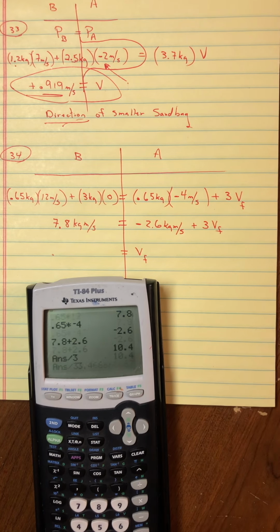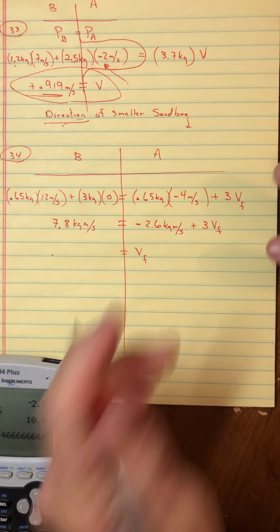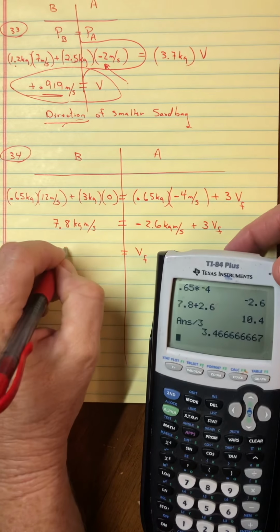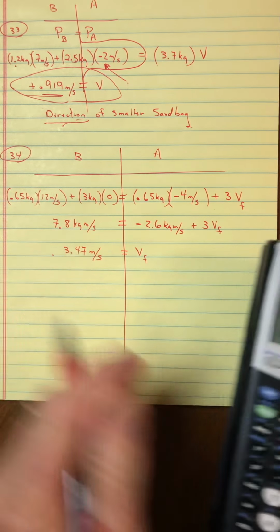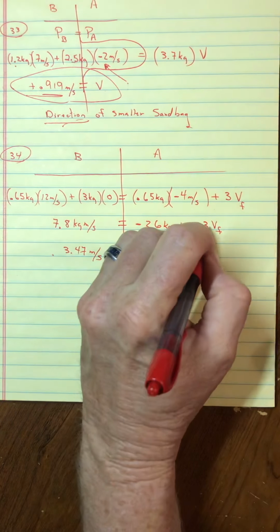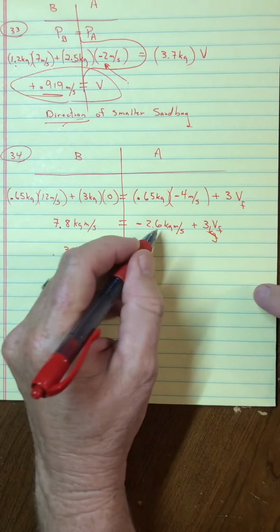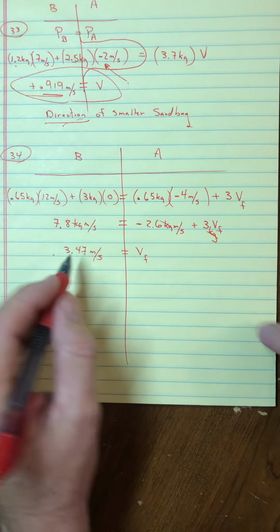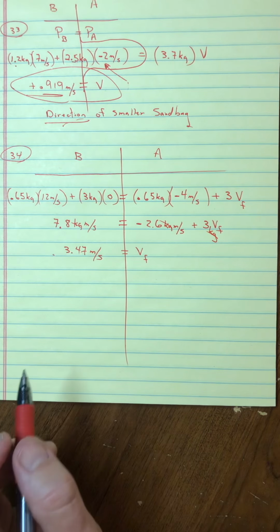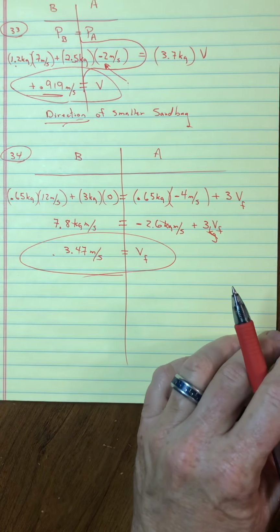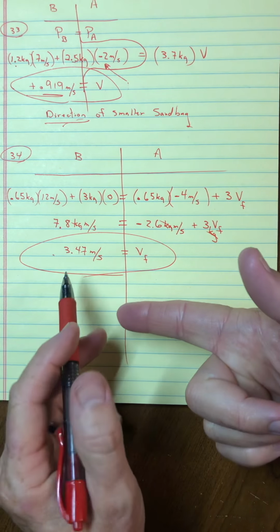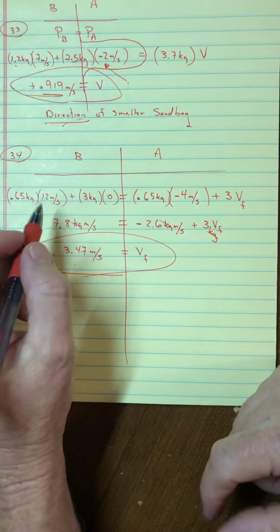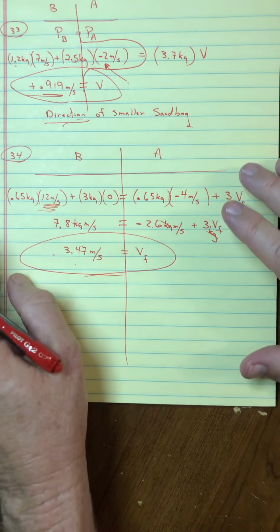Then when I divide by 3, I get about 3.47 meters per second. I should have put my units in; the kilograms will cancel out all the way through, leaving units of meters per second. So there would be the final speed, and it's positive, so that means it's going in the same direction that the original rubber object was thrown.